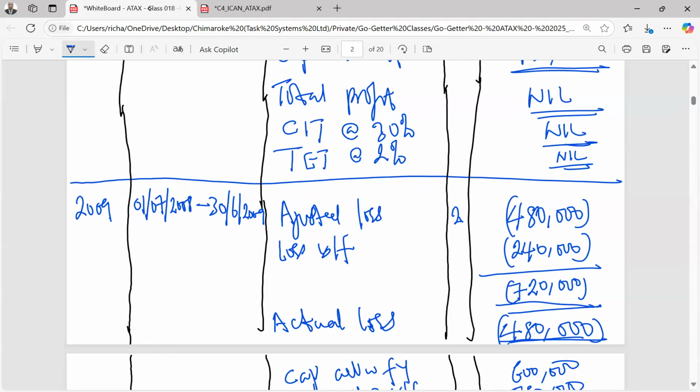But we said, okay, this 12 months, this 6 months is inside this 480. Do you know why? Because look at this 12 months. It started from July 2008 and it ends in June.